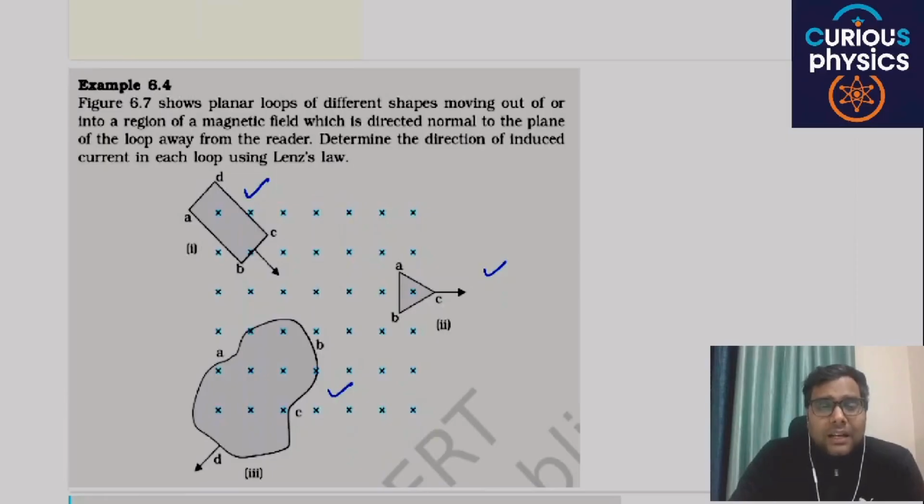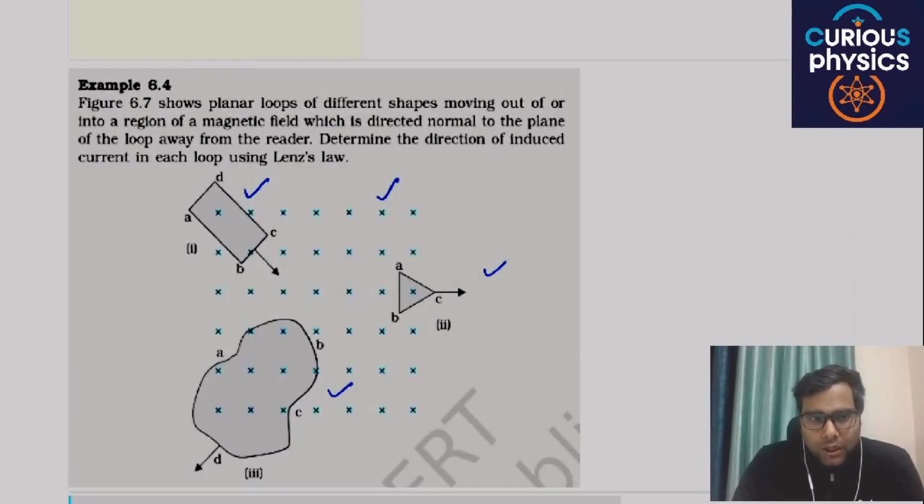Magnetic flux is increasing. If magnetic flux is increasing, then current will be induced in such a way that it will try to oppose the increase in magnetic flux, and to oppose it, the induced current will produce a magnetic field opposite to the magnetic field given to you.